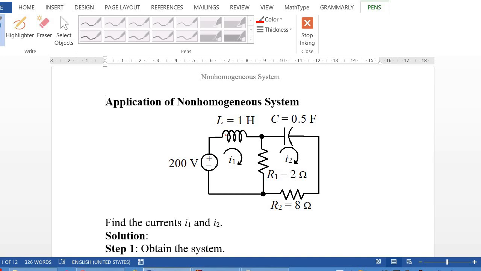By using Kirchhoff's Voltage Law in the left loop, we have the voltage across the inductor, VL, plus the voltage across the first resistor, VR1, equal to the supply voltage, E(t).